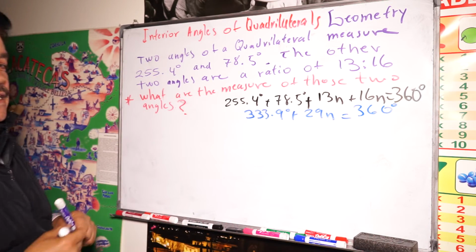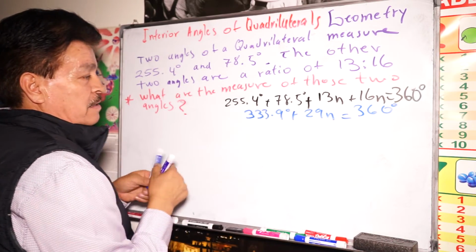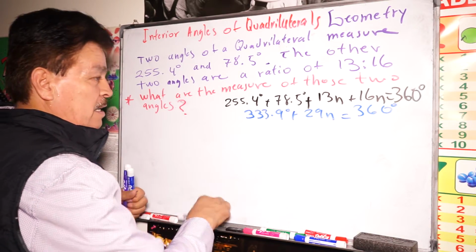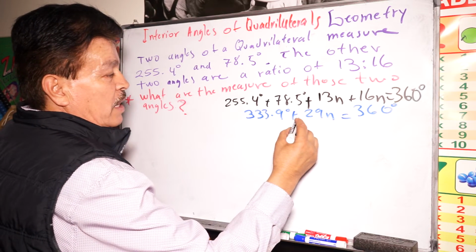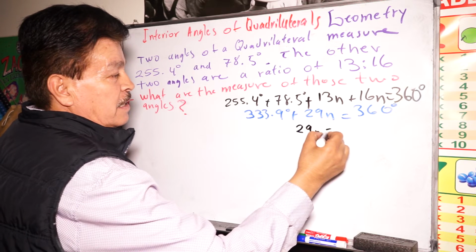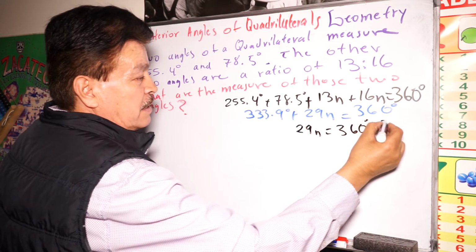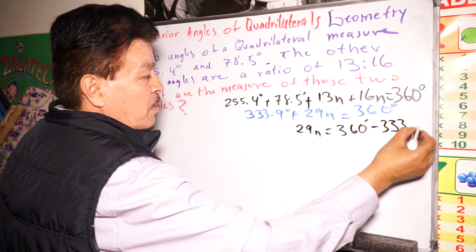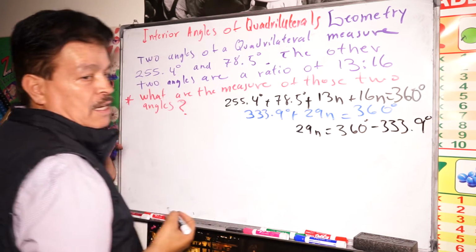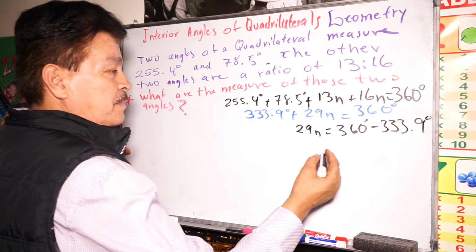Now subtract this number from both sides. You are going to have 29n equals 360 degrees minus 333.9 degrees. And then simplify.